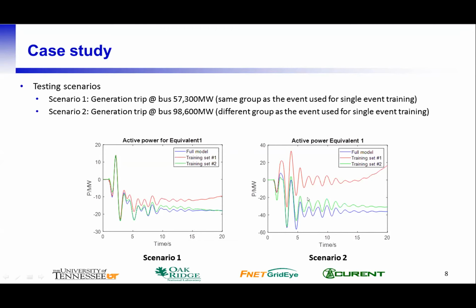But it is noted that there is still a small discrepancy between the response of training set 2 and the full model response. This could be explained by the trade-off between accuracy and the number of multiple events involved in the training, given the structure of the transfer function model. So maybe when we choose a more complex structure, we have the ability to include more events, and in this way we can better enhance the accuracy of the equivalence.